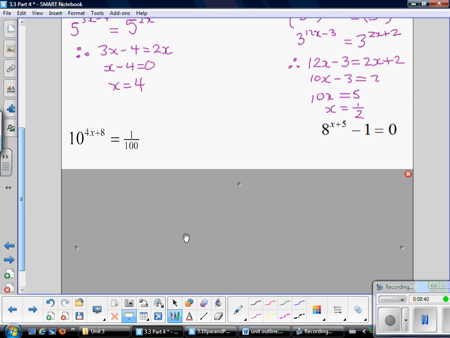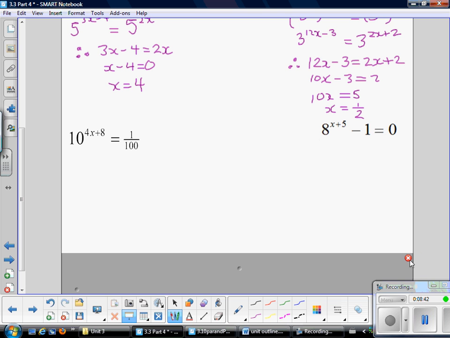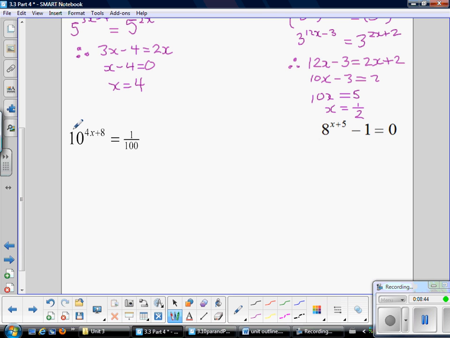Now the next two are a little bit different. Okay, the reason they're different, this is 10 to the power of 4x plus 8. This one's a fraction. Uh-oh. Okay, so what I can do is I can use an exponent law in order to flip this. So we know that a negative exponent flips the base. So that's the first thing I'm going to do here, I'm going to flip the base.